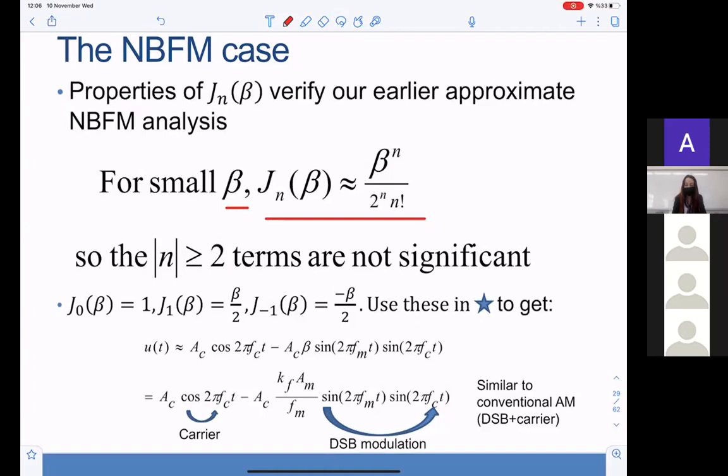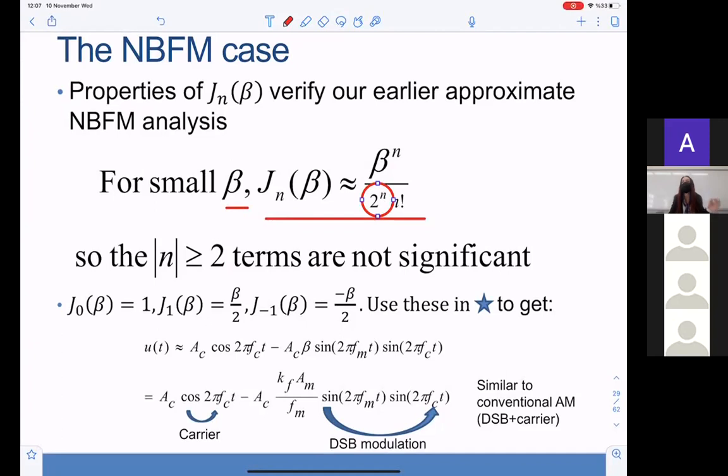And that will imply, since we have this 2 to the n here, if beta is much less than 2, 2 to the n increases much faster than beta to the n, right? If beta is 1 or less, for example, this thing will decay quickly with n.